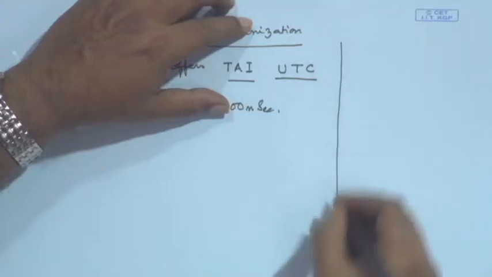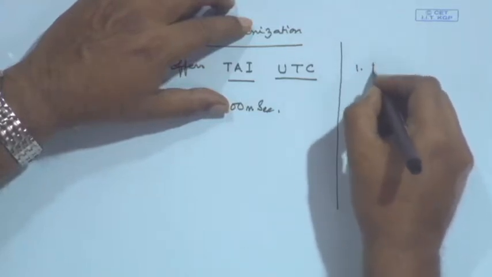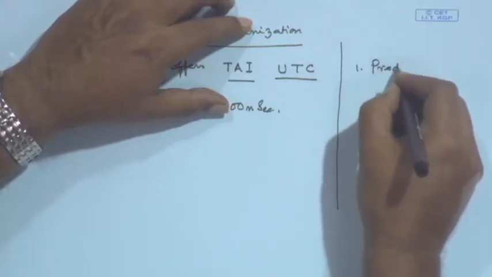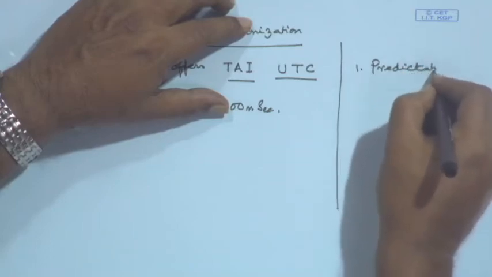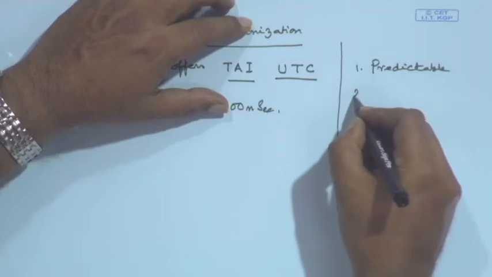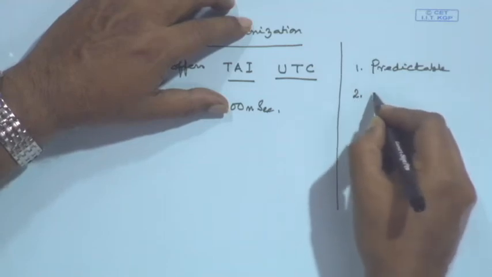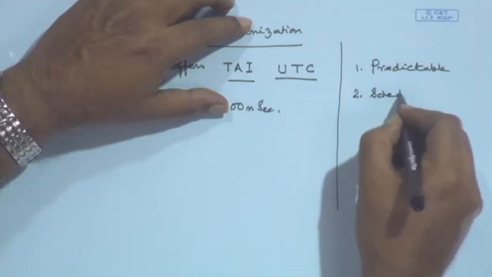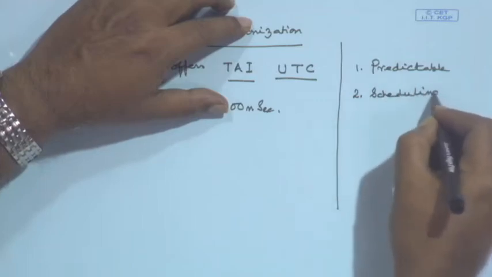Now, what are the things that we have done? We have seen the characteristics of a real time operating system. One is it must be predictable, right, the requirements. Number 2, it must be doing the task of scheduling. We will look at scheduling in much more detail later.